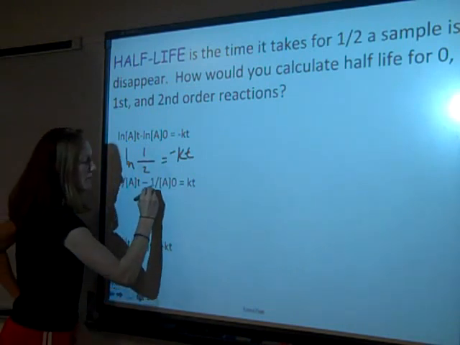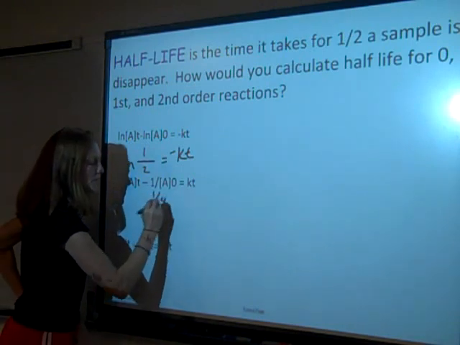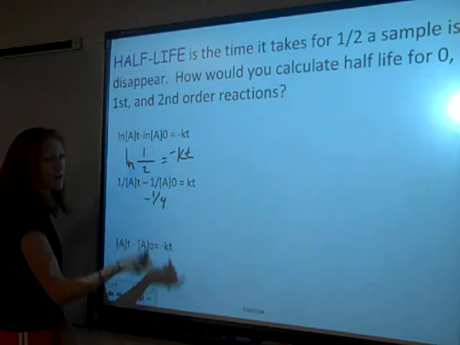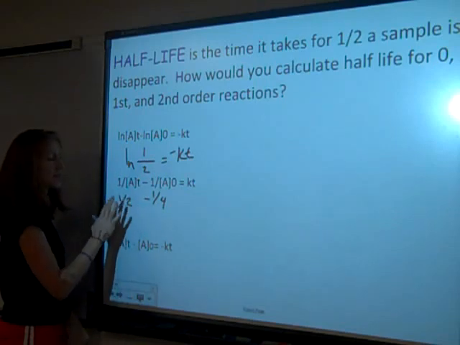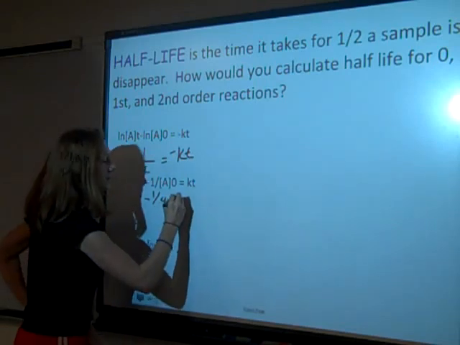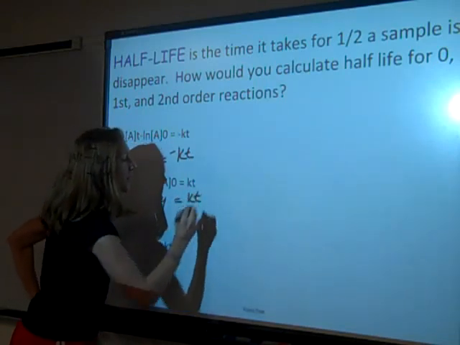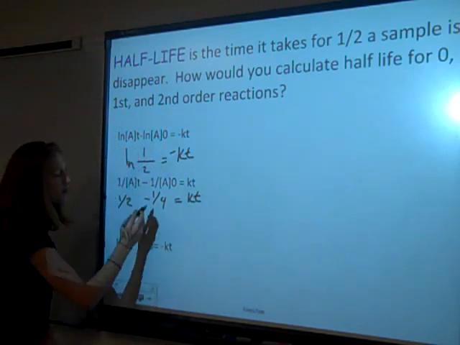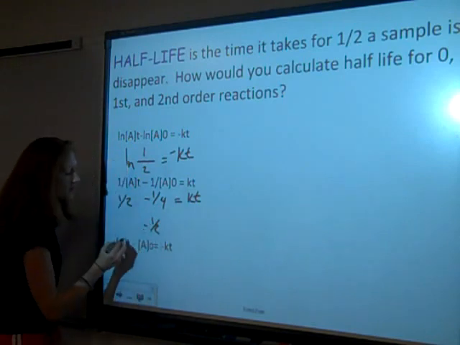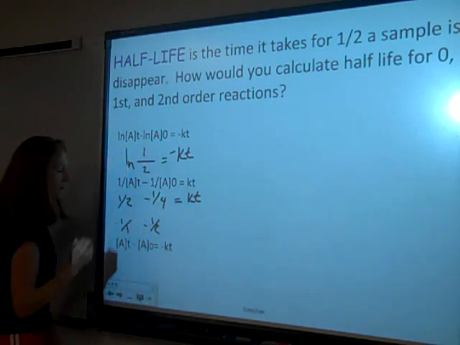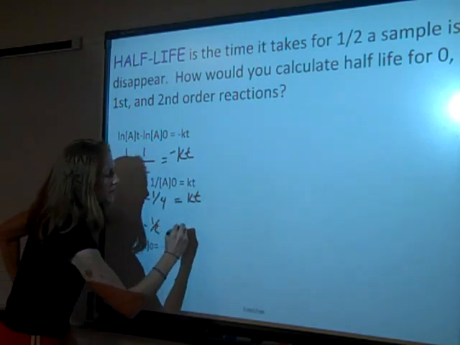Let's say I'm starting at 4 moles, and I'm going to go until I'm down to 2 moles. So in this case, I have 1/2 minus 1/4 equals kt. And let's look at the second half-life for this one. I'll be going from having 2 moles down to having 1 mole, equal to kt.